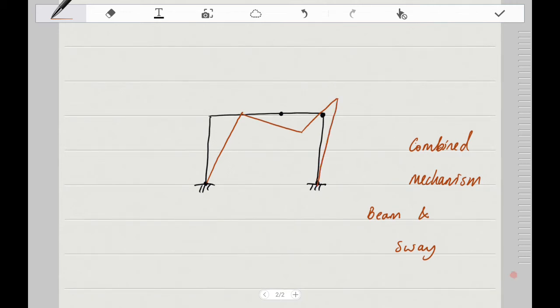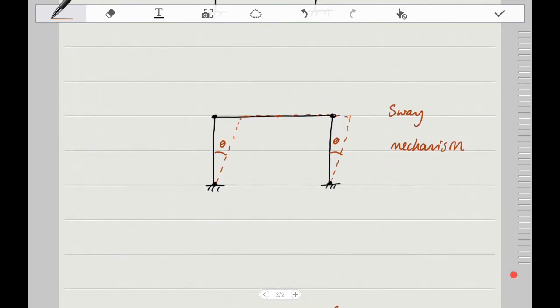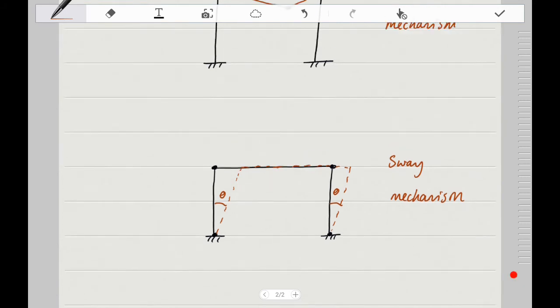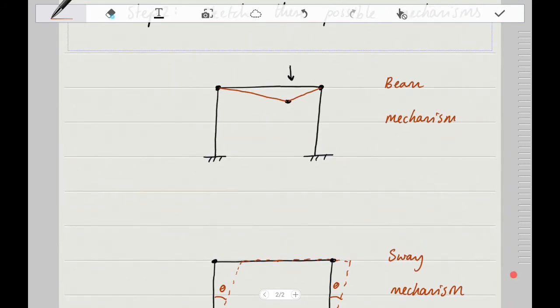That's your sway and beam combined. And for the previous one it will sway like that.